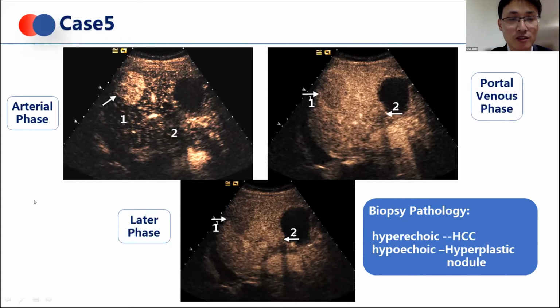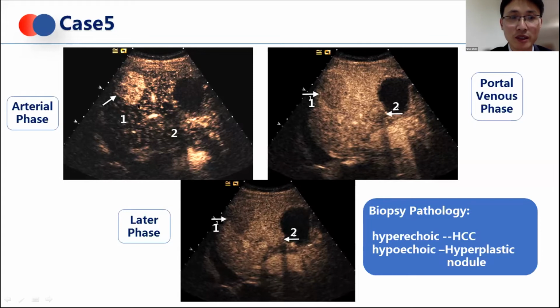So we injected SonoVue. In the arterial phase, we found the first is a bigger nodule. It is hyperenhancement, and in the portovenous phase, it washes out, and in the late phase, it washes out.